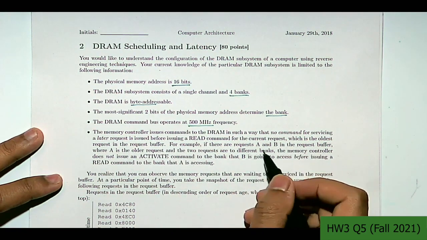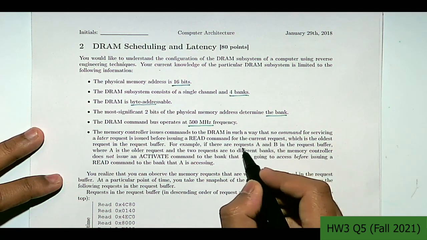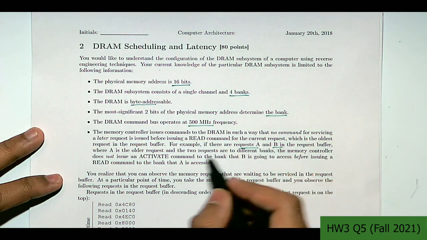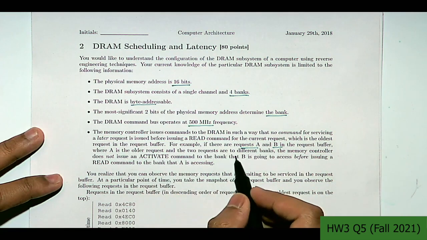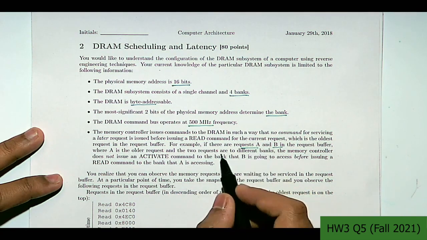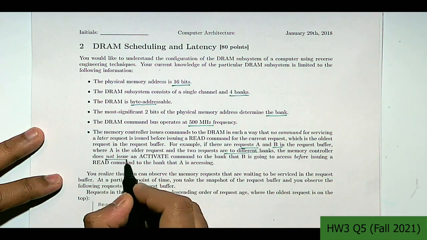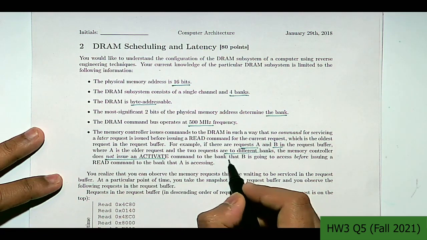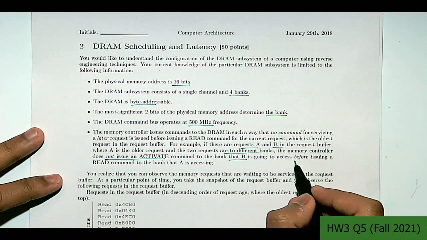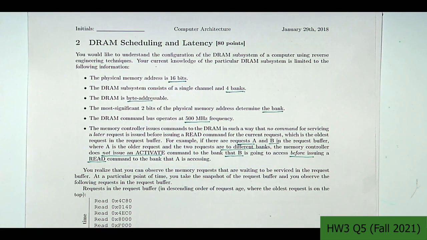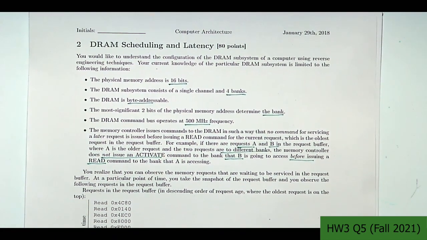So if you have, let's say, 2 requests, A and B, and A is the old request that came first, even if A and B are going to 2 different banks, the memory controller does not issue an activate command to the bank that holds B before issuing a read command for A. So you can think of it as first come first serve rather than any open row policy, or it's completely oblivious to whether you have bank parallelism or not.